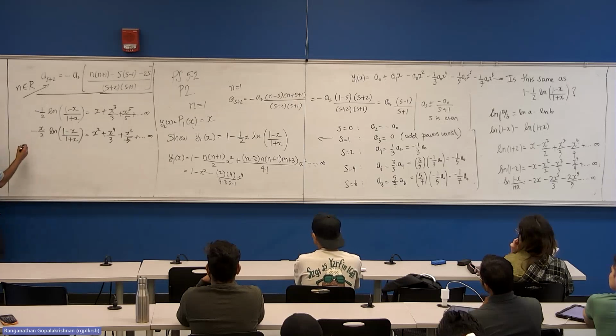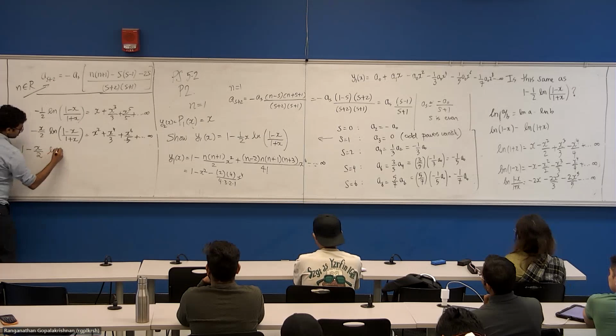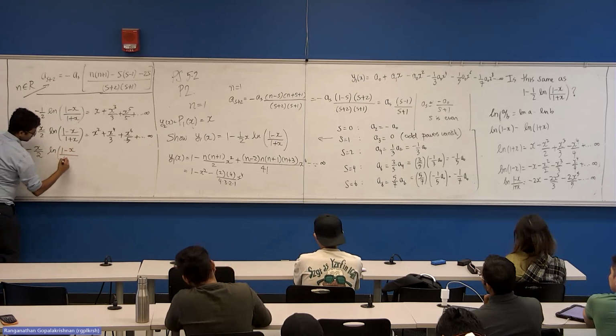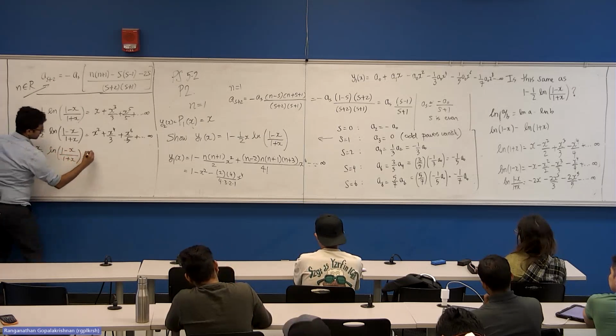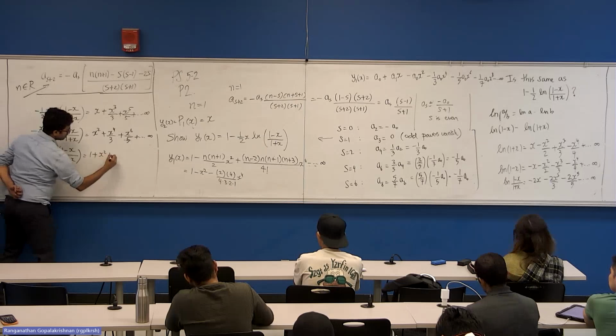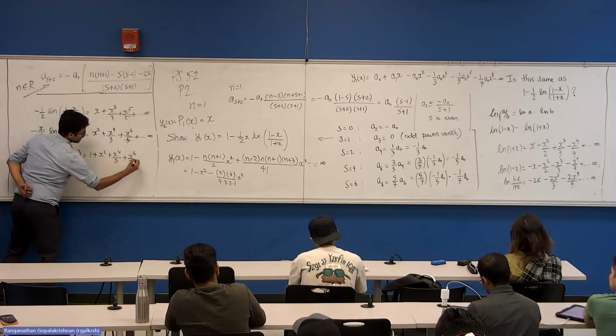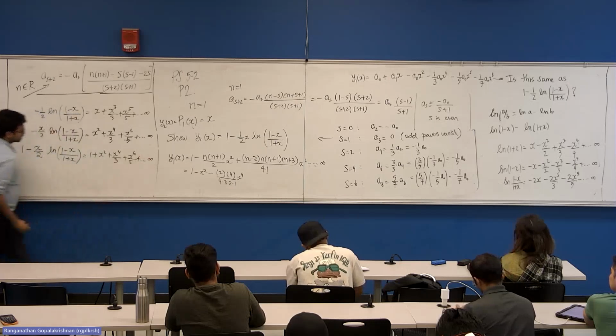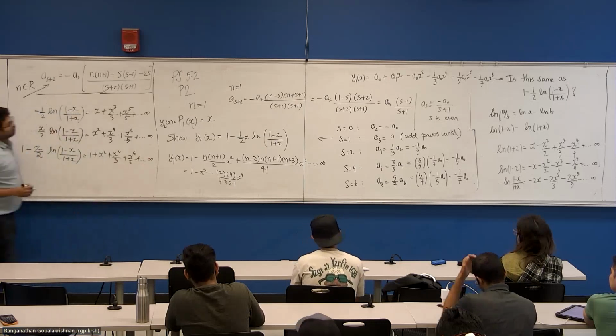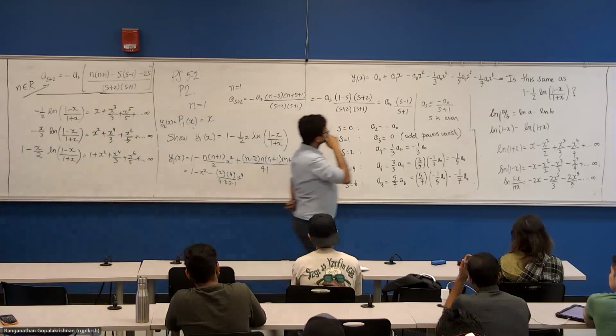And then if I add 1 to both sides, 1 minus x over 2 ln of 1 minus x divided by 1 plus x is 1 plus x squared plus x to the fourth over 3 plus x to the sixth over 5 and so on up to infinity. What are we getting here?